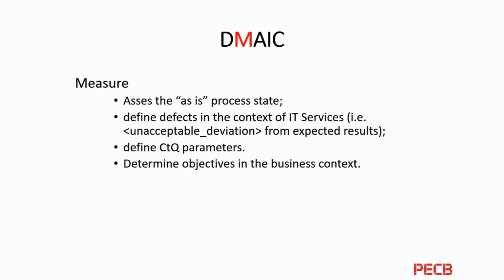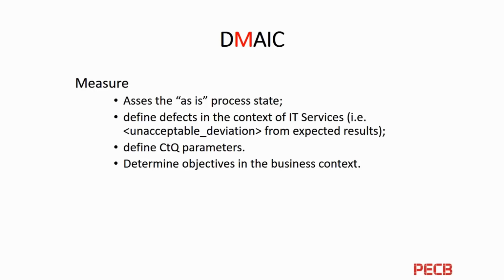In theory of constraints, we will be using a current reality tree diagram, and we will determine where we are today. We already know where we want to be. We defined that in the previous step.